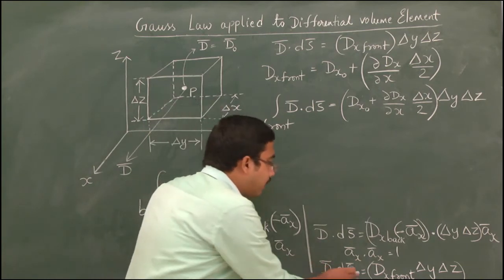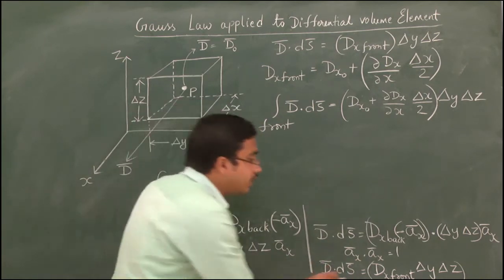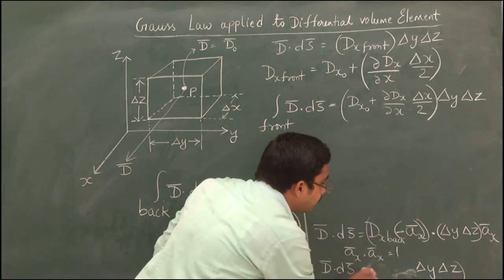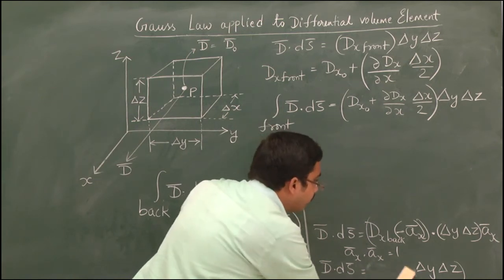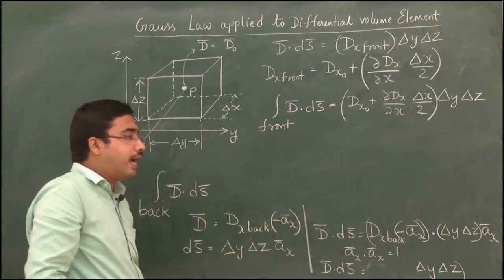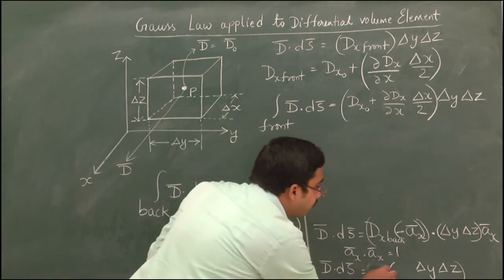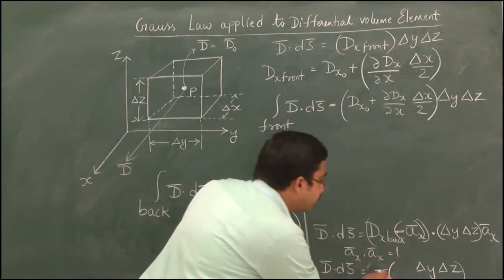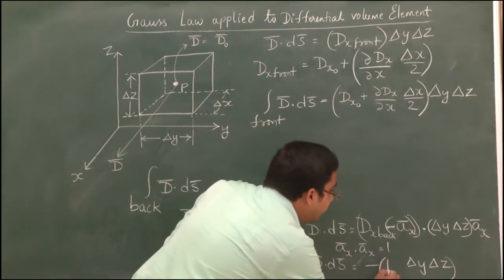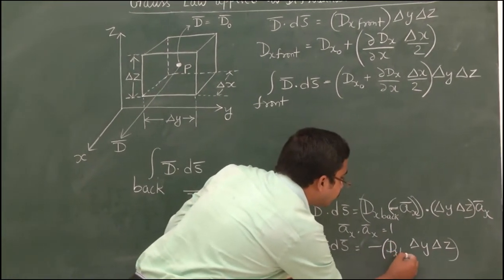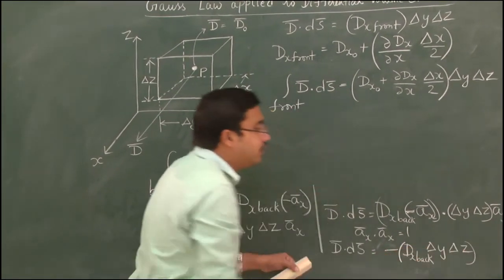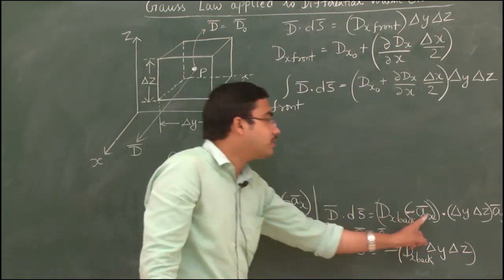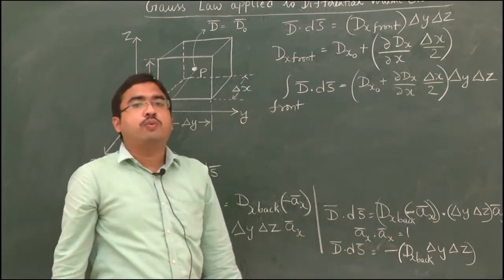D bar dot dS bar for the back side surface is equal to minus Dx back into dS, whose formula is the same, delta y delta z, and ax bar dot ax bar is equal to 1.